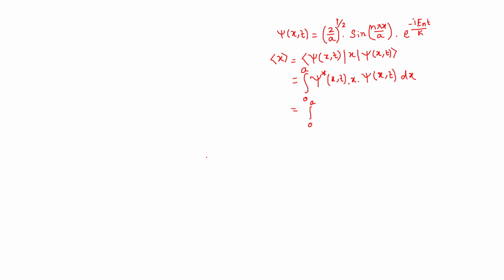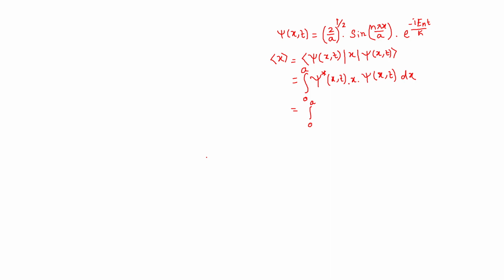You can see here, (2/a)^(1/2) into (2/a)^(1/2). What will we get? We will get 2 by a. There will be no half because the two halves will multiply. This will be 2 by a into x. This x is coming over here, and there are two sine terms, sine nπx/a.